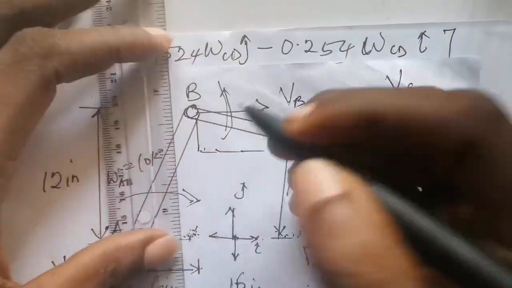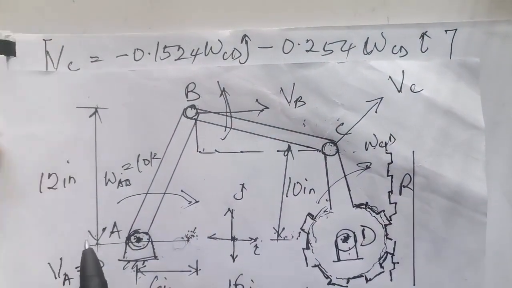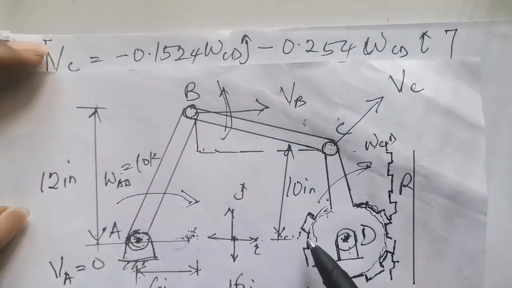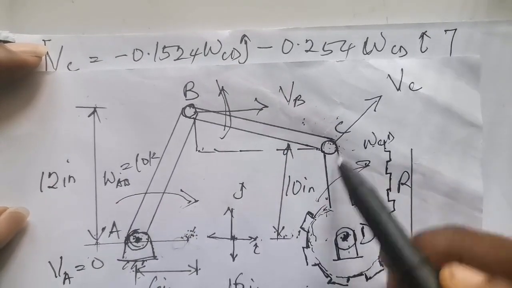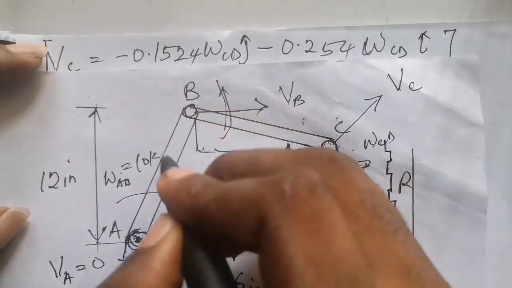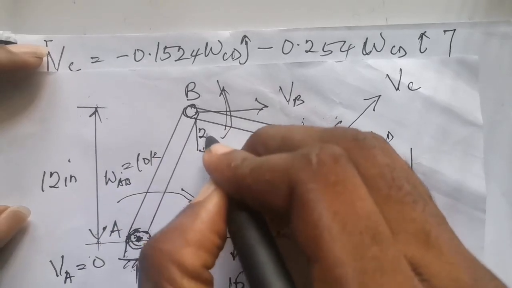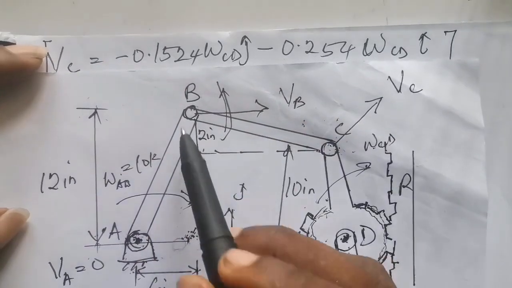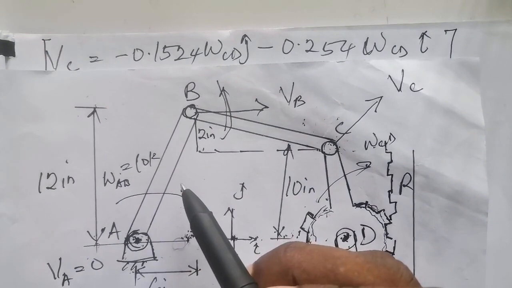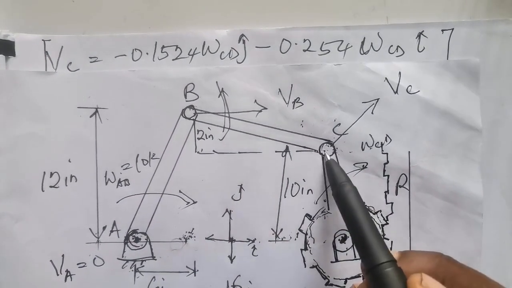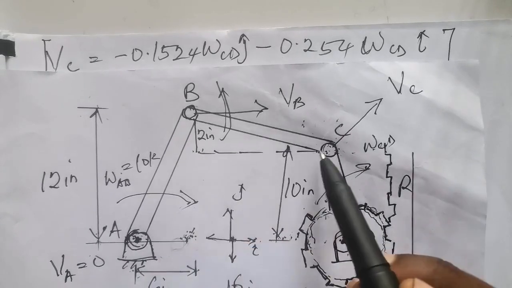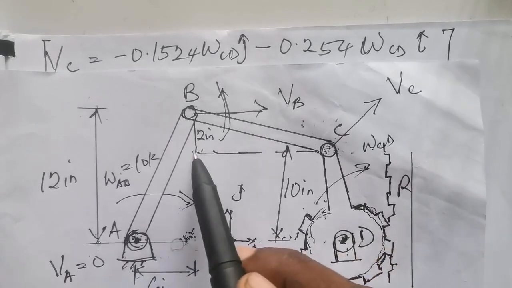That's what connects these points to point B. So if from the origin to point B is 12, and from the origin to point C is 10, that means this height alone is simply what? 2 inch. Keeping that in mind, it means this height is simply 2 inch. Now I am moving from point C. I want to locate point B. Remember, now I am going backwards, which means I am moving negatively in the x direction.